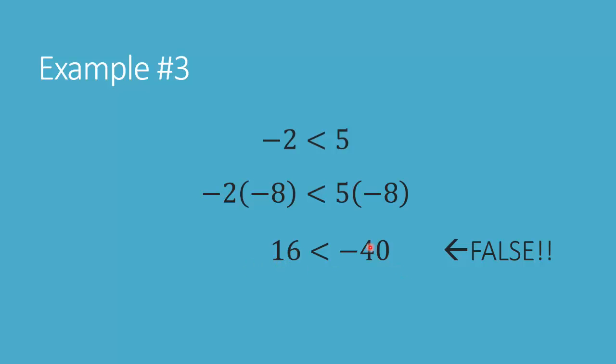We know 16 is larger than -40. And this is why you have to flip the sign when multiplying by a negative. That's the biggest thing that people need to remember when they're working with inequalities: if you multiply or divide by a negative, flip the relation.